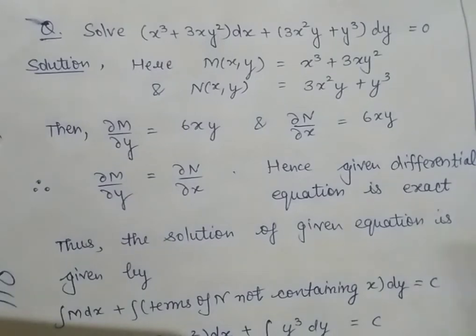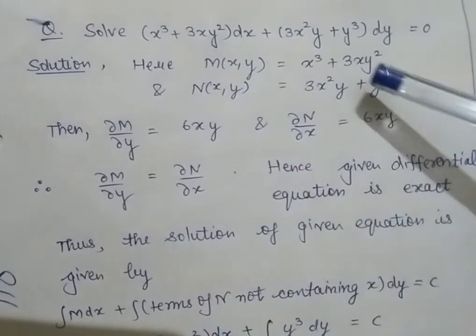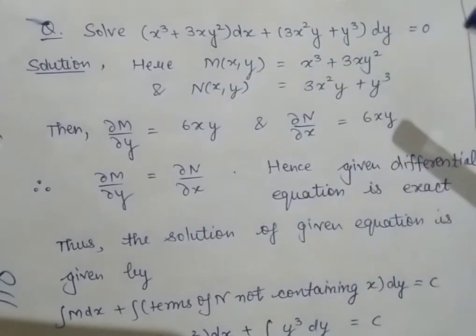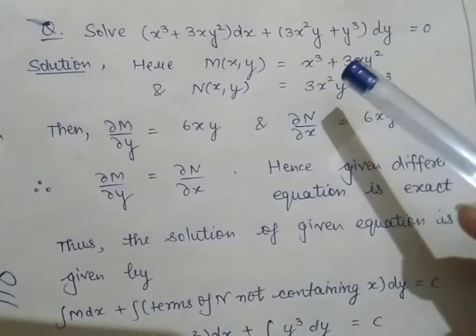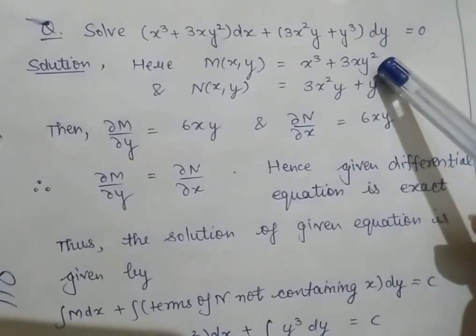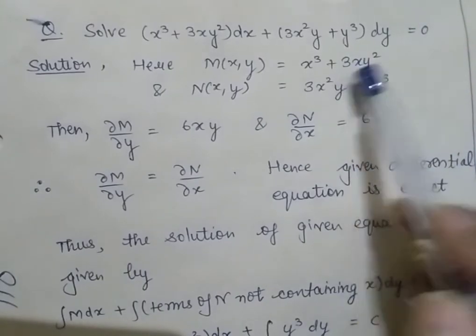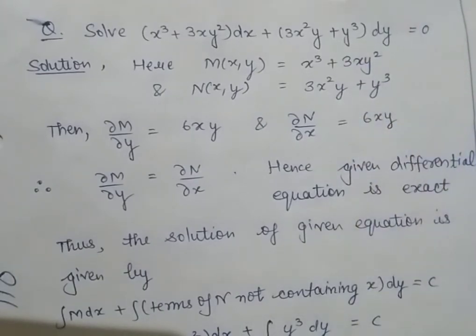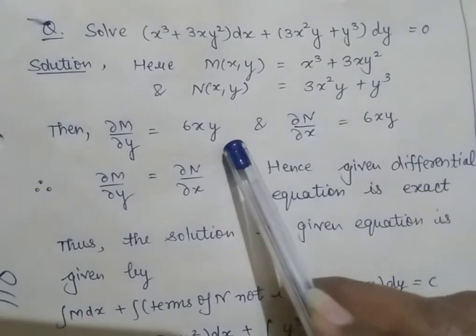So, M is this one. We differentiate M with respect to y. If we differentiate x cube with respect to y, then that is 0 because we are differentiating with respect to y, so we will take x as constant. So differentiation of x cube is 0. Now we differentiate the second term with respect to y, and we are left with 6xy.